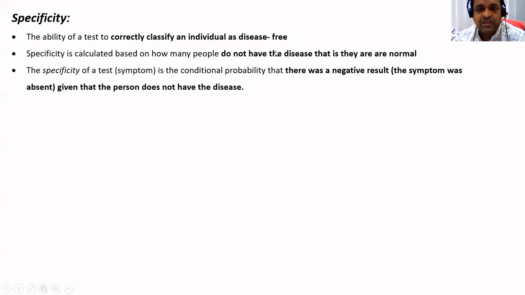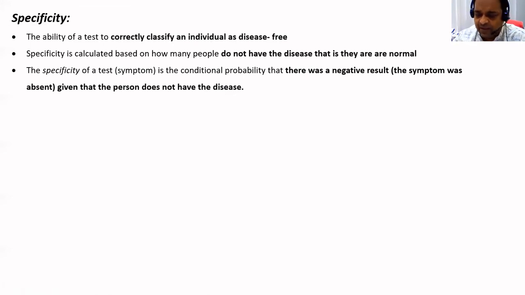How can we calculate it? This is also a conditional probability: the test will give a negative result given that the person does not have the disease. That is specificity, nothing but the conditional probability. The test will give a negative result given that the individual is not suffering from the disease.